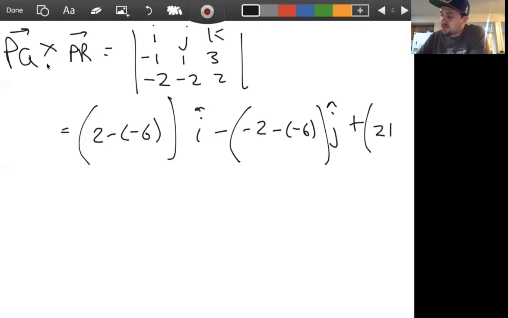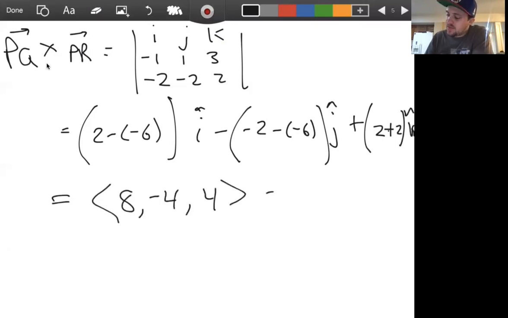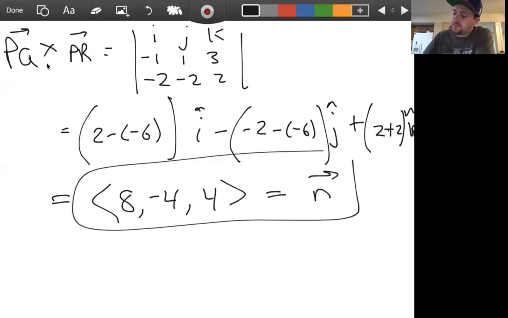So that's 2 plus 2 k hat, which gives us the vector 8, -4, 4. This is our normal vector, right? Calculating the cross product gives you a normal vector, or a vector that's orthogonal to both input vectors. So here the input vectors were PQ and PR. And so that means this is our normal vector for the plane.